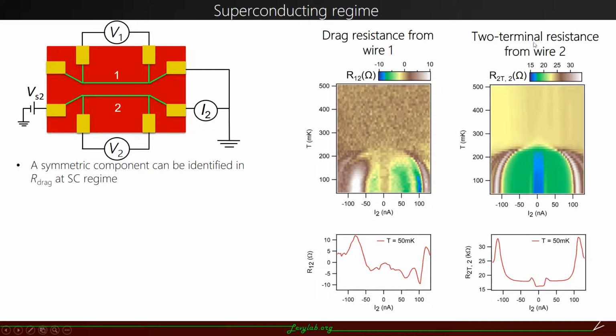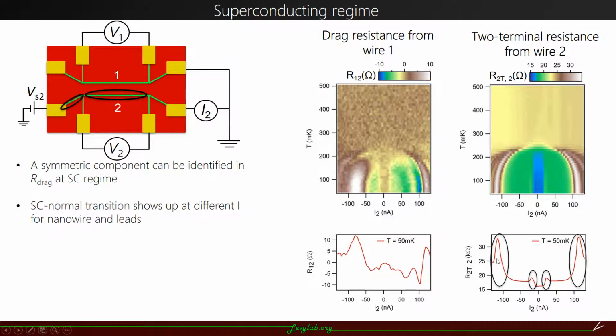First, we show the two-terminal resistance of the sourcing wire, which is wire 2 here. We can identify two pairs of peaks. The smaller peak is related to the superconducting normal transition in the nanowire, and the peak at the larger current is related to the superconducting normal transition in the leads.